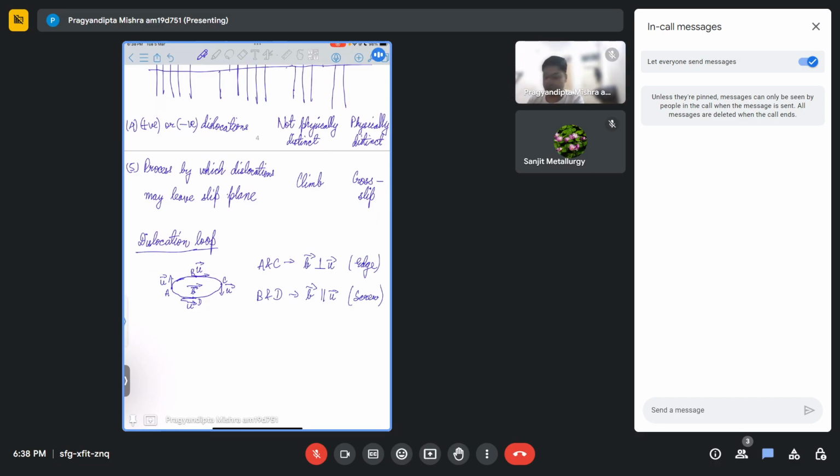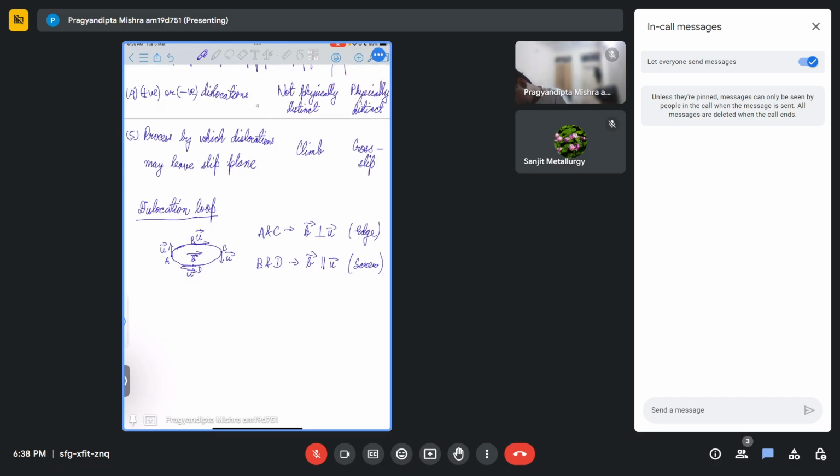However, there is another way in which the loop can be formed. Now, instead of the Burgers vector or slip vector being in the plane in which the loop is existing, this time the Burgers vector is perpendicular, right? So it is something like this, like it is going into the body or coming out from the body.